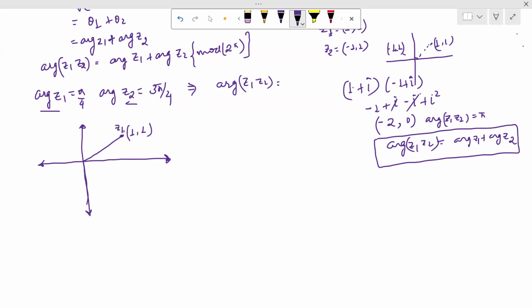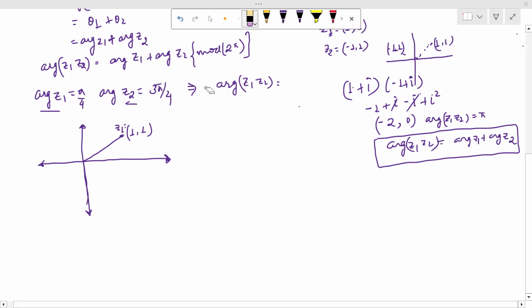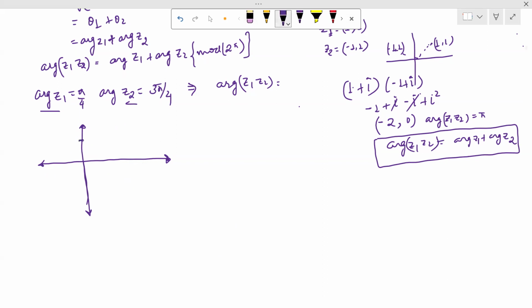Let us say another example: z1 I take as (0, 1), and let me take another point somewhere here. So let us say this is your (1, -1).